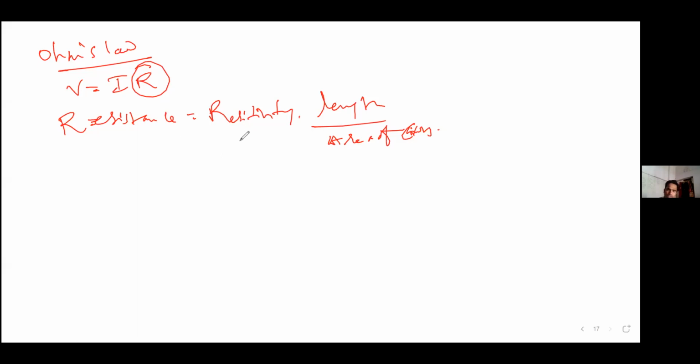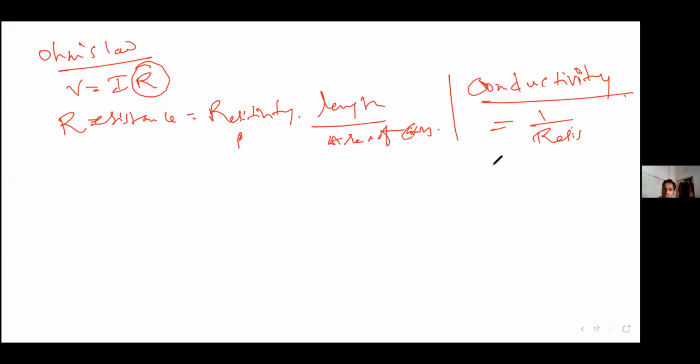If I define resistivity by rho, we have already used that for charge density. So better we will define conductivity. Conductivity is 1 upon resistivity, and we define it as sigma. So resistivity will be 1 upon sigma.